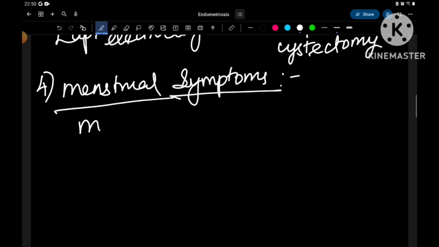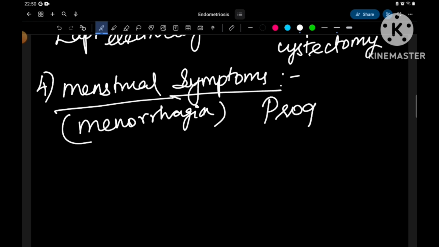Okay, so it's menorrhagia. Basically, what can we do? Already we have given progesterone for menstrual symptoms, because progesterone maintains it. So progesterone can be given.